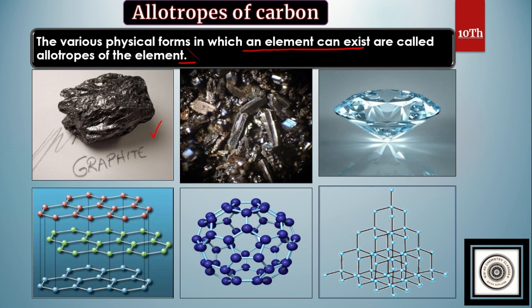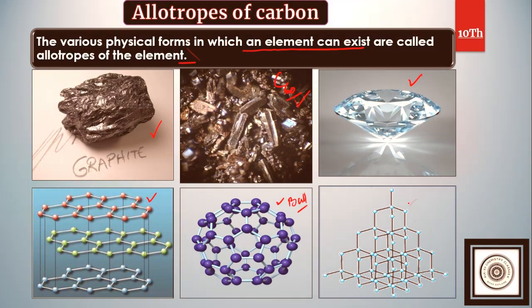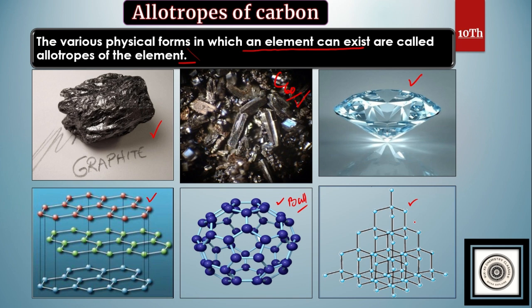One is graphite, another is Buckminster fullerene, that is C60, and the last one is diamond. Okay, so these are the respective structures given. Just have a look. These are just layers over layers. This is a football-like structure. It's a ball-like structure, and this is a structure that represents diamond.